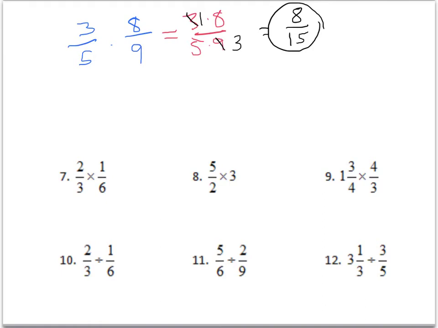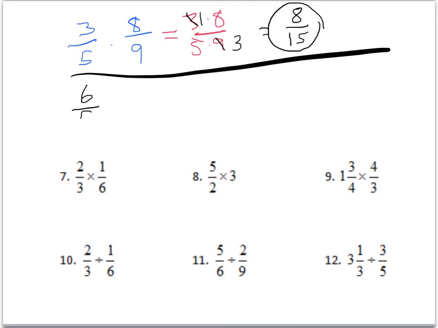Okay, for division, let me get another problem up here. For division, if I have something like 6/5 divided by 1/15, remember what our rules are. We are going to multiply by the reciprocal, or as I've commonly said throughout the year, copy dot flip.